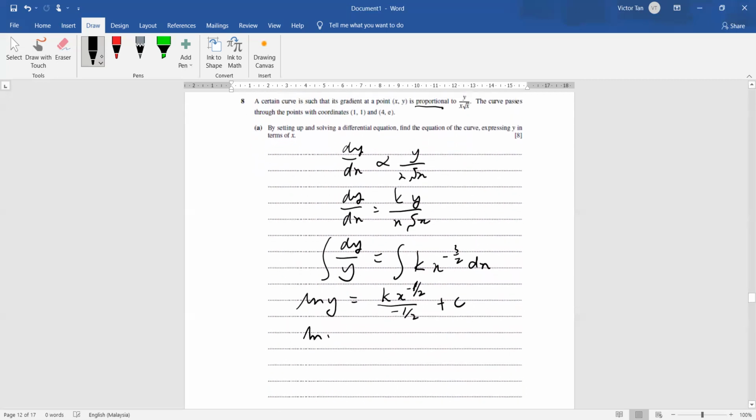Okay, I'm going to simplify further. 2k x to the power half plus c.